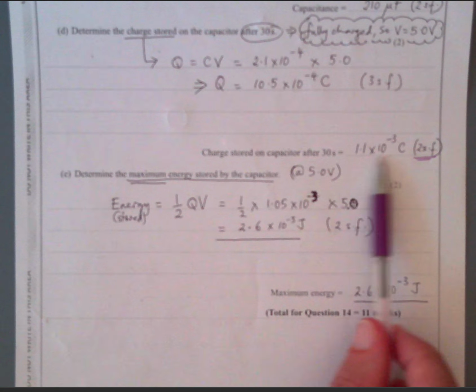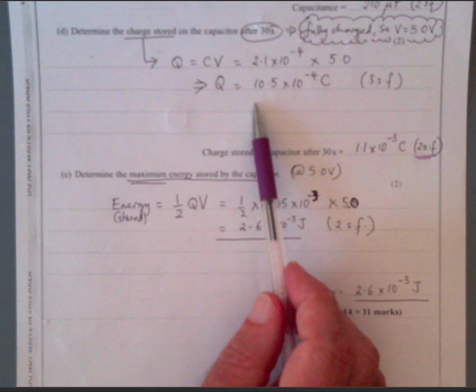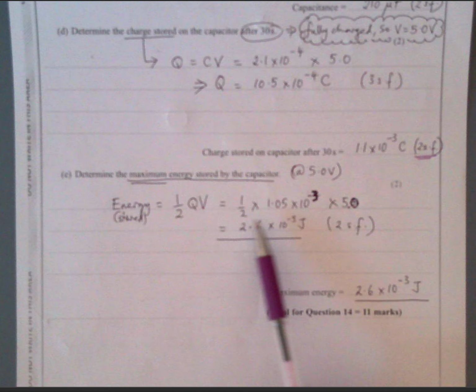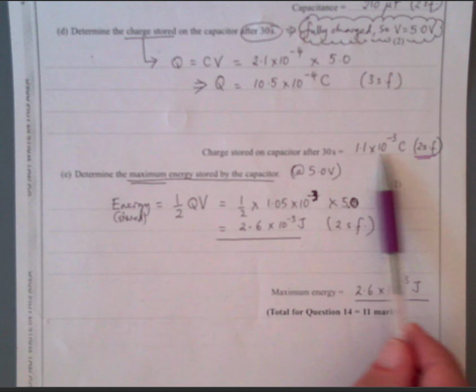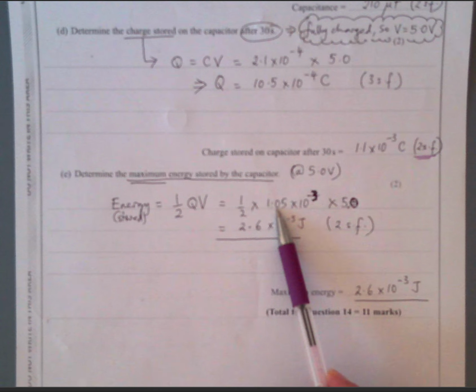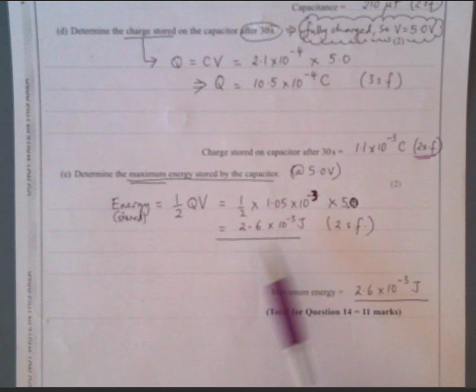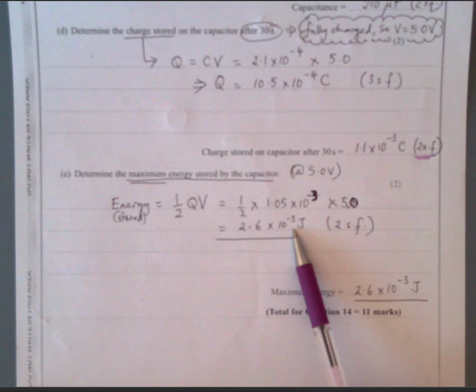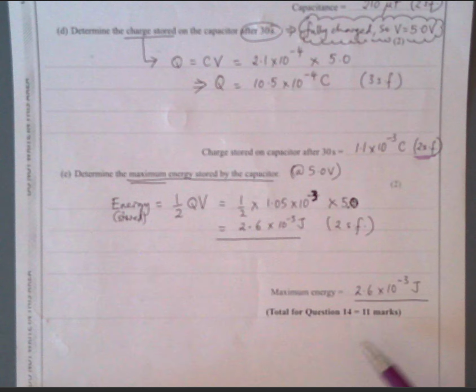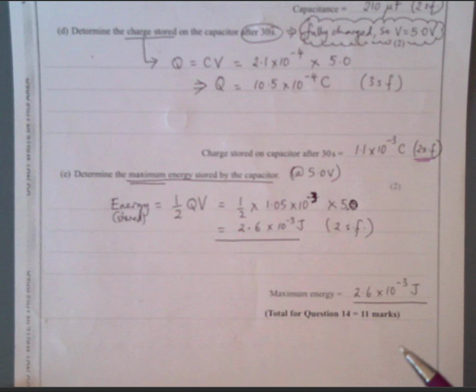Q we just calculated, but I would use the more accurate 3 significant figure value, 1.05 times 10 to the minus 3, because I'm using the decimal place here. Multiply by 5.0, you get about 2.6 times 10 to the minus 3 joules. I'm sorry about the focus going. It is quite annoying when this camera loses focus.